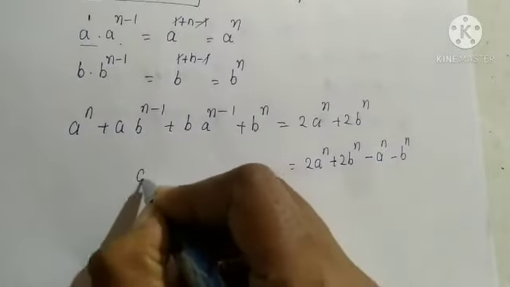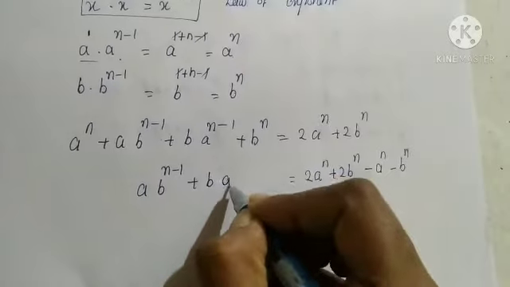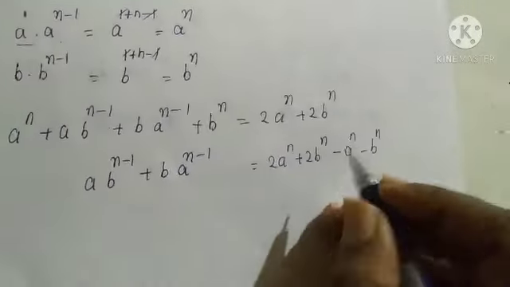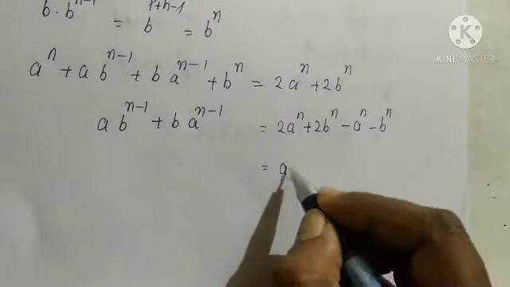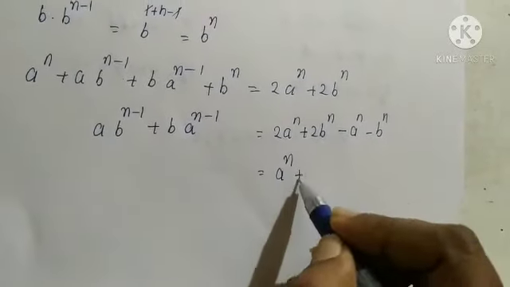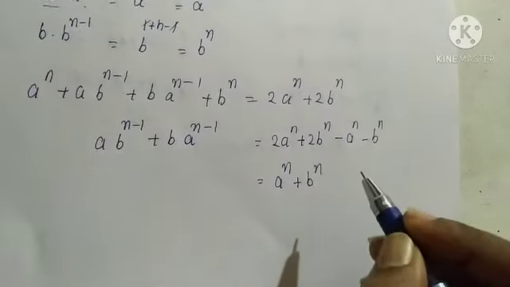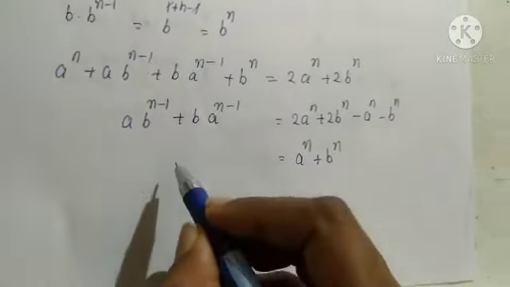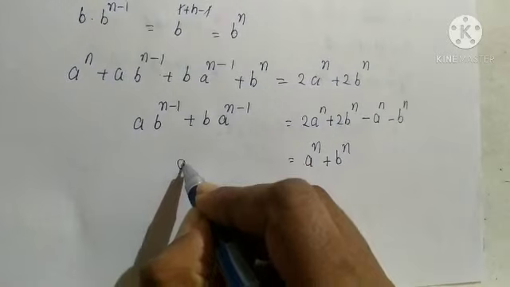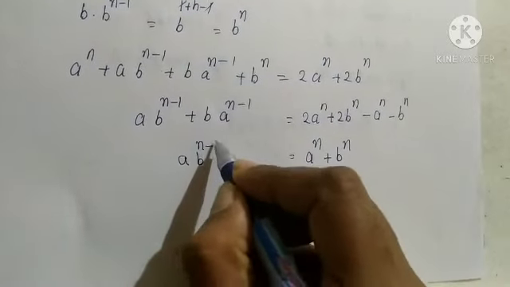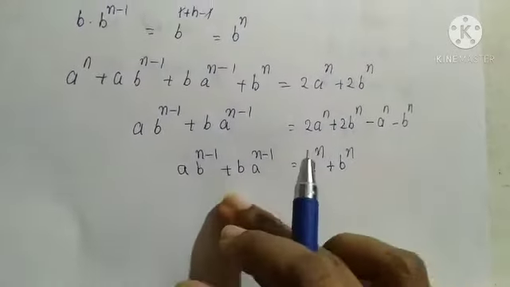The remaining terms are a b raised to n minus 1 plus b a raised to n minus 1. From this, 2a raised to n minus a raised to n will become a raised to n, plus 2b raised to n minus b raised to n will become b raised to n. Okay, and here a into b raised to n minus 1 plus b into a raised to n minus 1, this term remains the same.